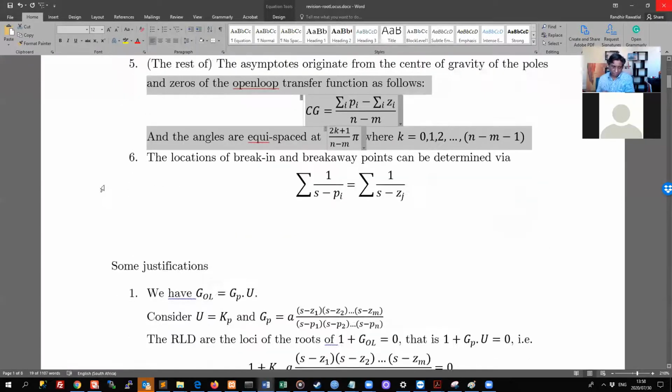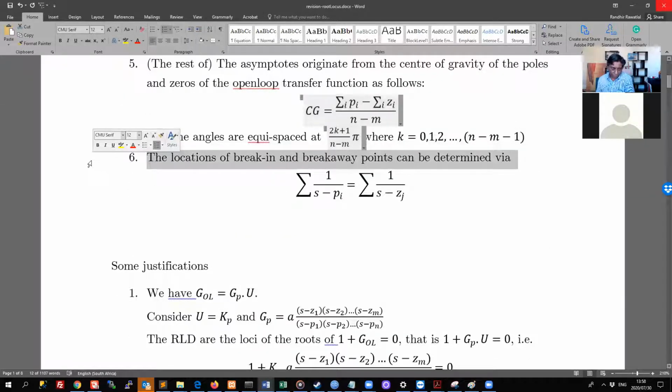And then you may also have the case where you don't have an asymptote pointing you in any particular direction. You might have the case where there isn't a clear asymptote, but there are what's called break-in and breakaway points.